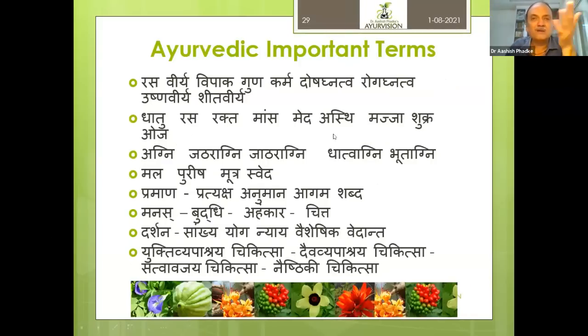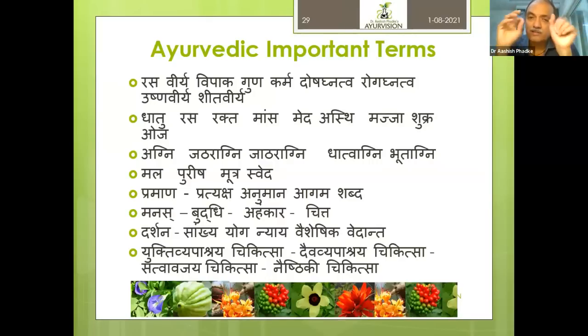All these terms I have already mentioned, so I am not reading them again, but we know that Ayurveda also speaks on Sankhya and Yoga and Nyaya and Vaisheshika, and even Vedanta to some extent, and it is based on that. Yukti Vyapashraya means the one in which we use different kinds of medicines for alleviation of increased vitiated doshas.